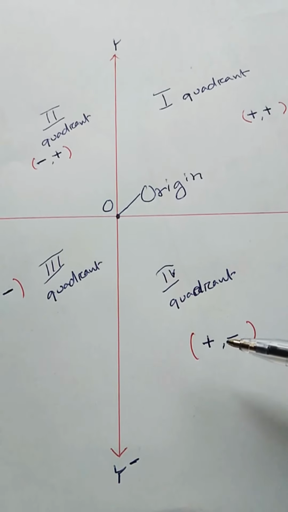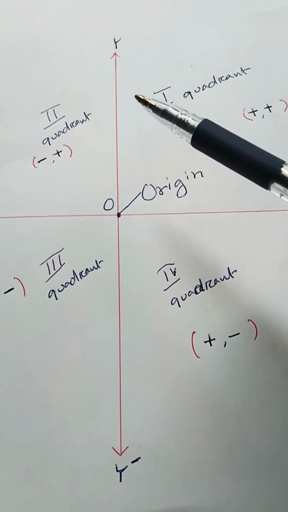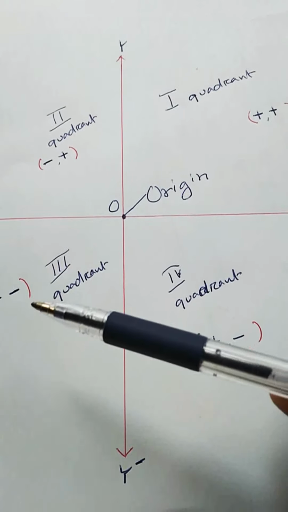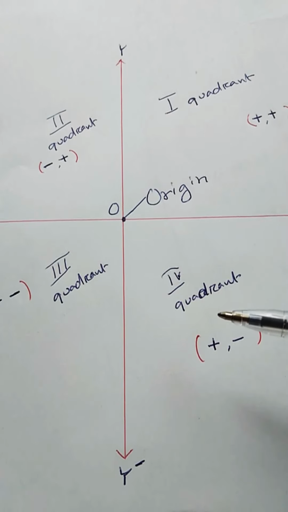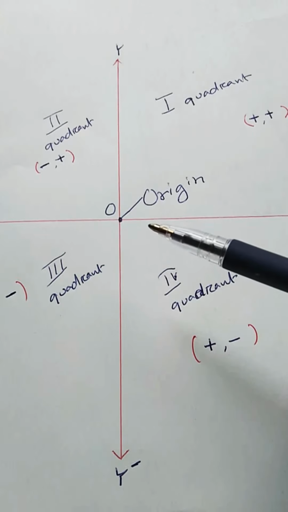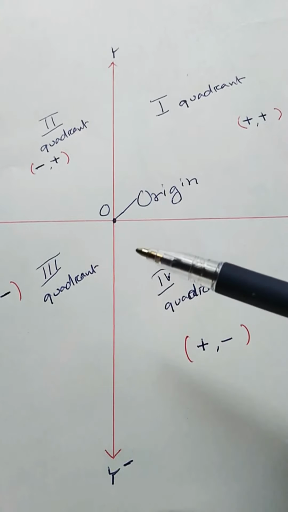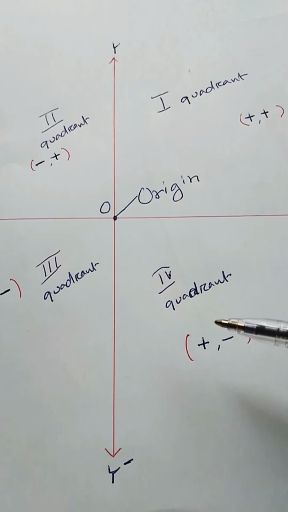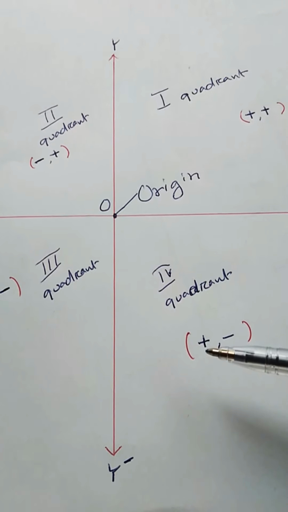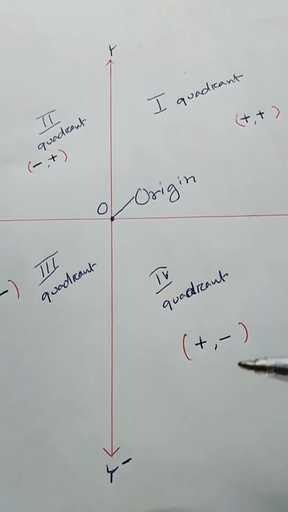So this you must remember the sign. Here it is plus plus, here it is minus plus, minus minus and plus minus. And if we forget, then we'll see the axis part, and looking at these axes we can identify the sign, whether it is plus or minus, of both the values.